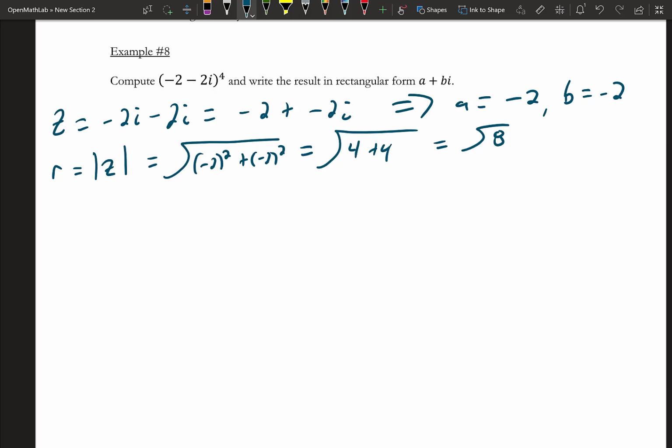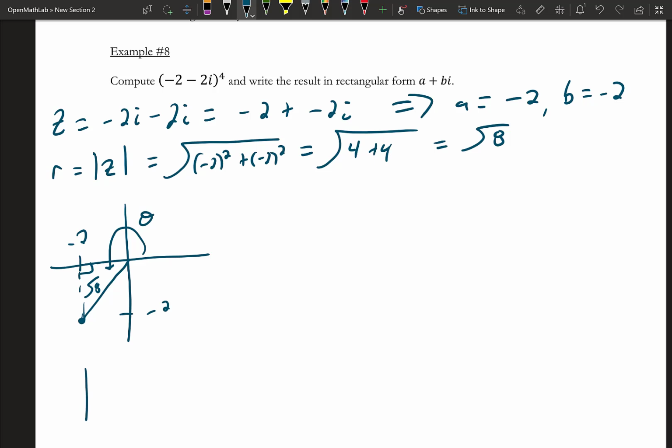So then what's left is we need to calculate theta. If I draw a complex plane and plot the point negative 2, negative 2, we get a point here in the third quadrant. I know the r value is radical 8, and what I'm after is theta.